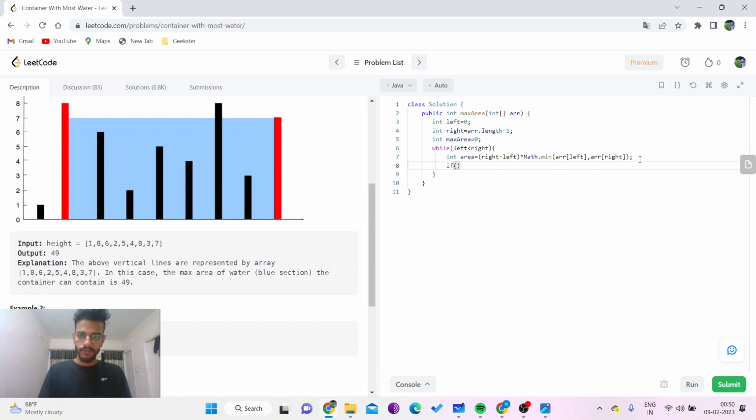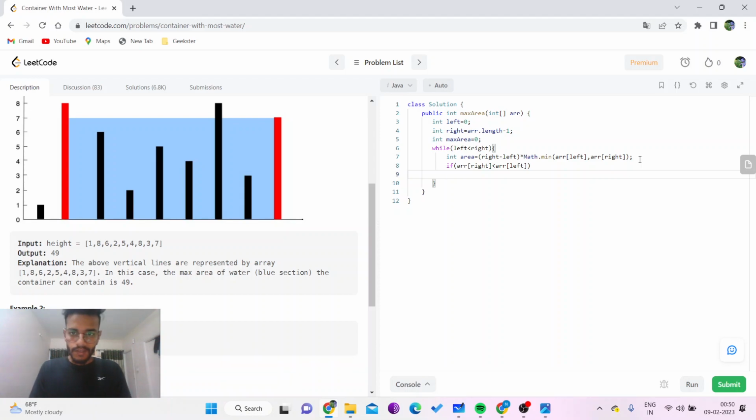If arr of right is smaller than arr of left, then whichever is smaller we have to take that pointer to the next element.